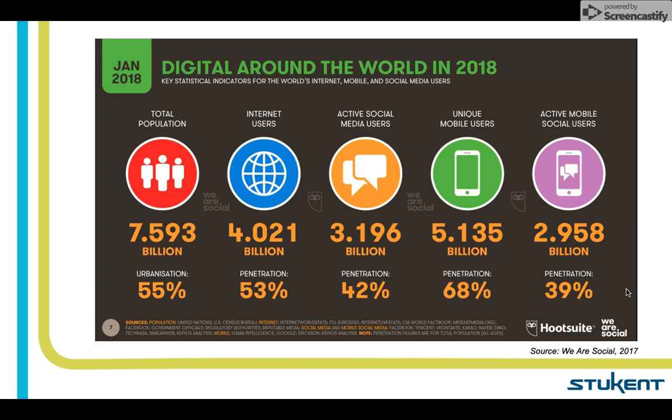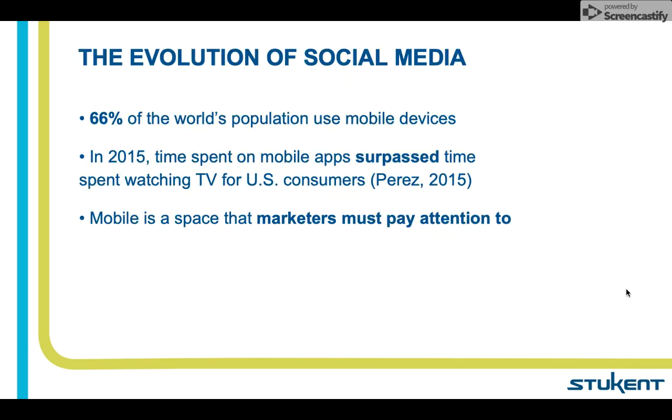Out of those, 4.021 billion, so 53%, are internet users, and you can see that active social media users are 42%, and 68% are mobile users, and 2.95 billion or 39% are active social media users on the phone. So that's quite a large number. You can tell that people are obviously active in social media, so you'll want to use social media to gain those customers, thinking in a more marketing setting, since that's what this class is about.